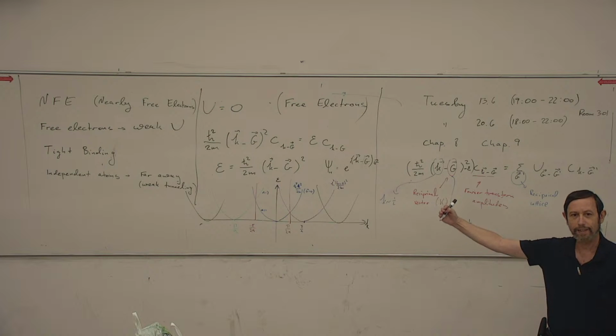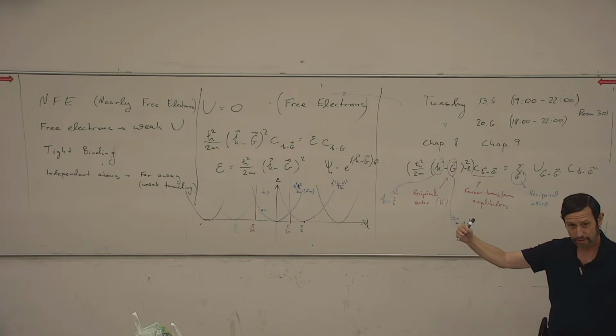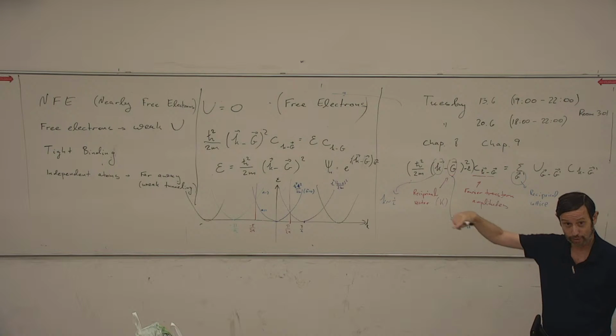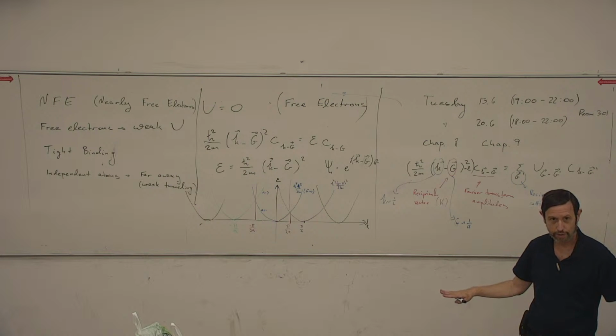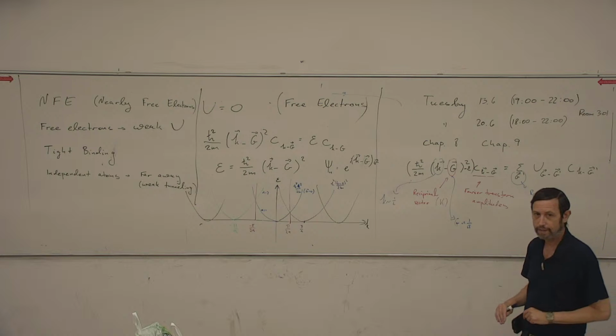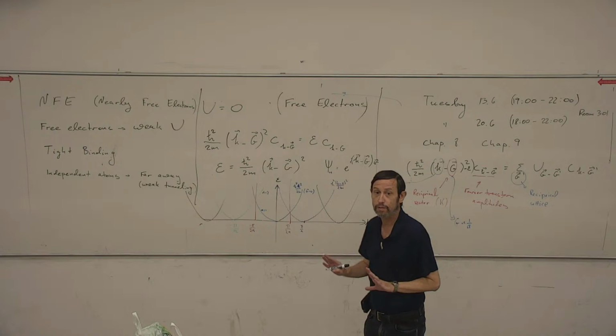And we put another well far away, and we know that there's some tunneling between them, which causes the electron to spread out. They seem like two different approaches, and what's nice about it is that it gives you the same physics.